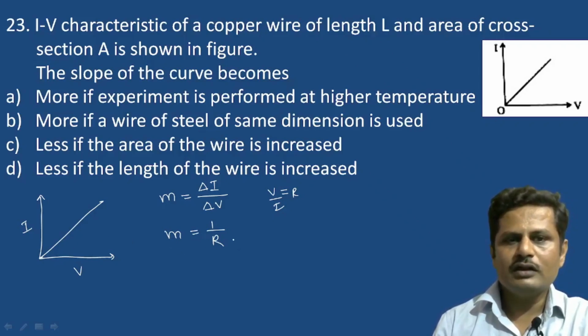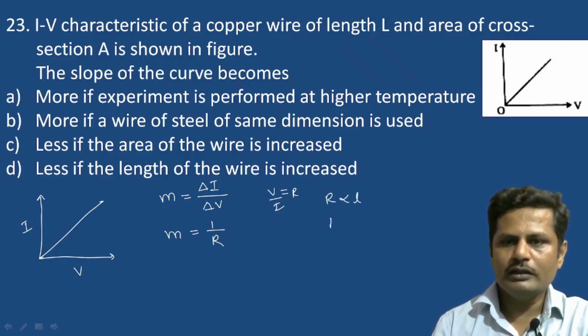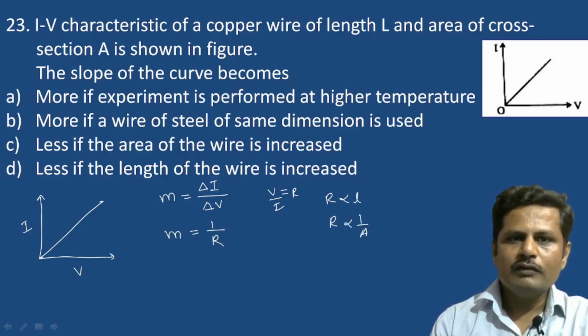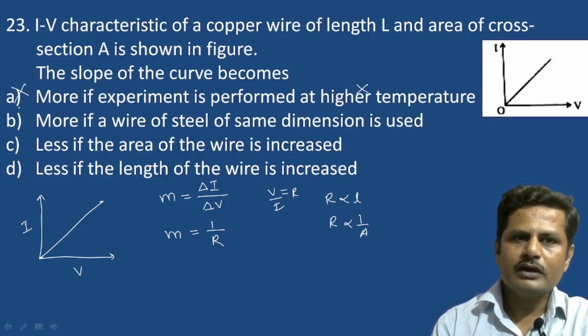So we know that the resistance is directly proportional to the length, inversely proportional to the area of cross section. Now, more if the experiment, that means slope is more if the experiment is performed at high temperature. Whenever the temperature increases, the Ohm's law is not applicable, we won't get a straight line, so therefore option A is not the correct answer.